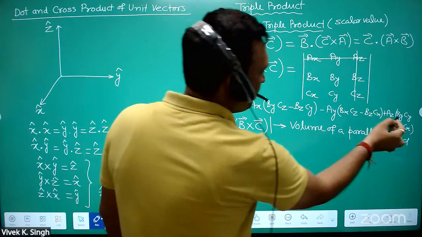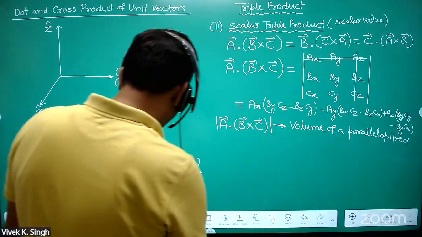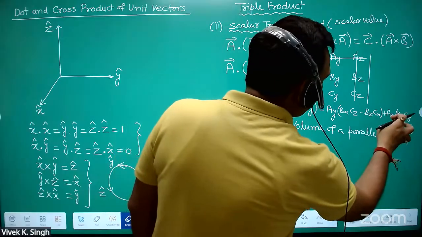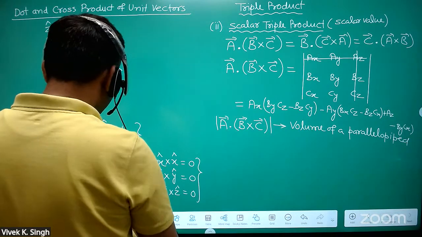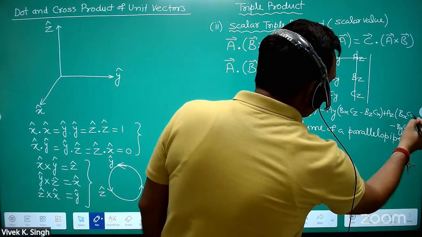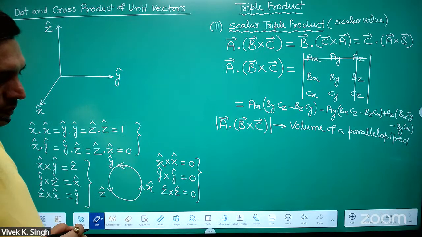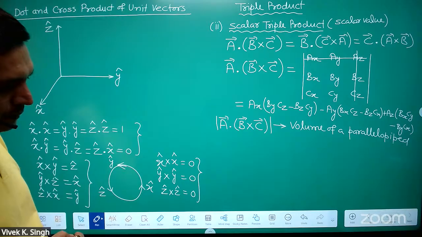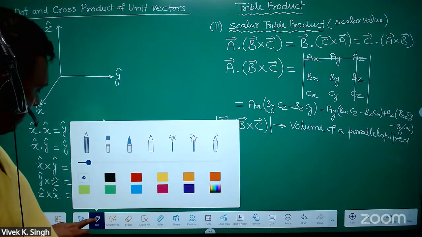So this is BX, na? Yes, this is BXCY. Please correct it. So this is BXCY. Is it correct now? Yes, sir. Okay.